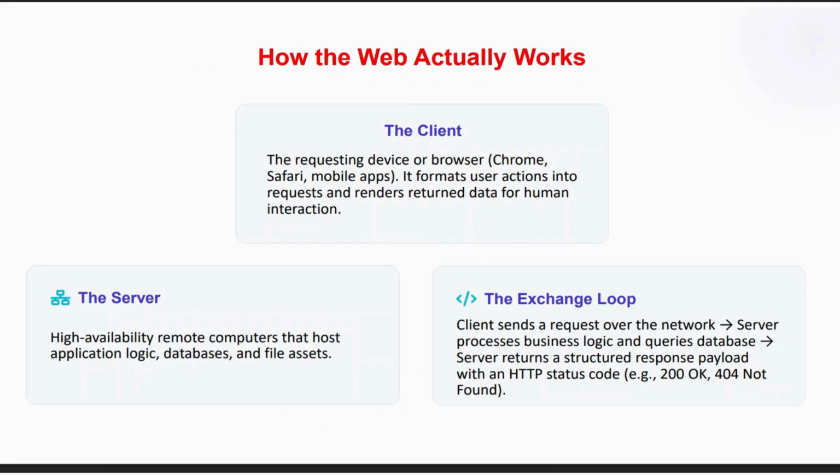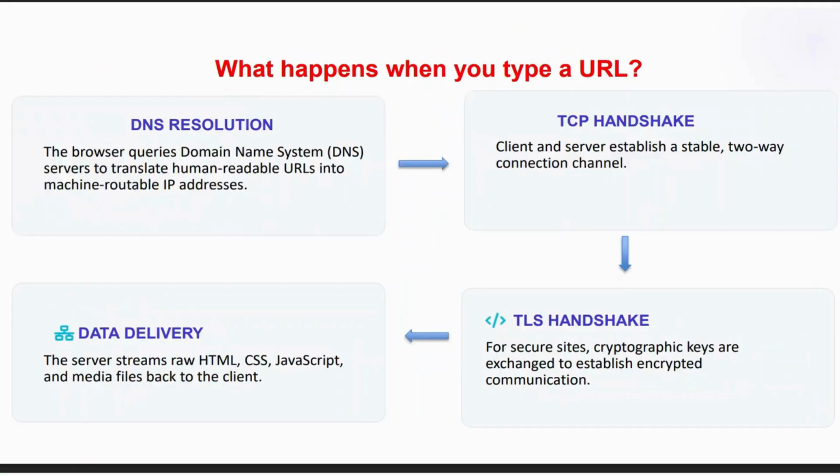Then, what happens when you type a URL? Here's an overview. The first thing that happens is that the browser queries the DNS server to translate the human readable URL into a machine routable IP address.